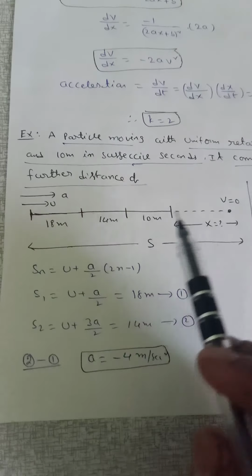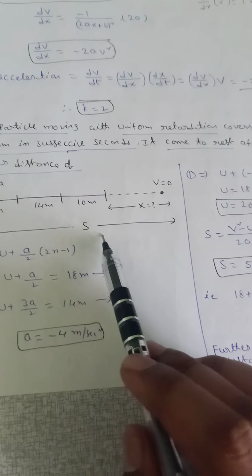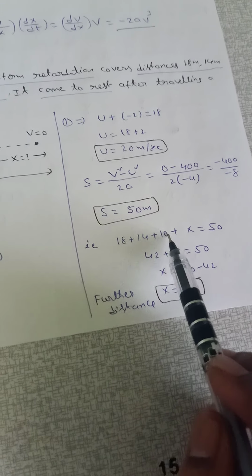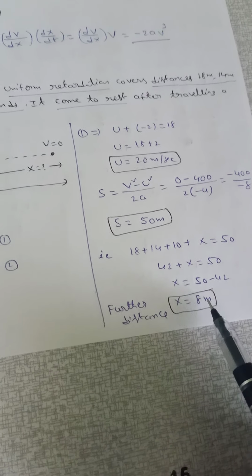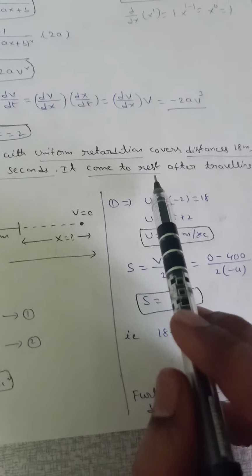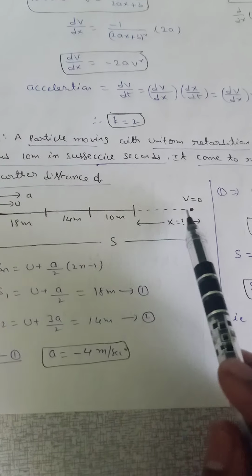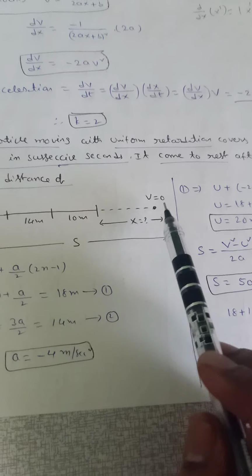According to the diagram, 18 plus 14 plus 10 plus x equals s, which is 50. 18 plus 14 plus 10 is 42, so 42 plus x equals 50, and x equals 50 minus 42, which is 8 meters. It comes to rest after traveling a further distance of 8 meter.